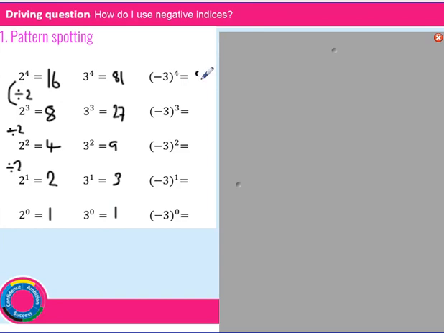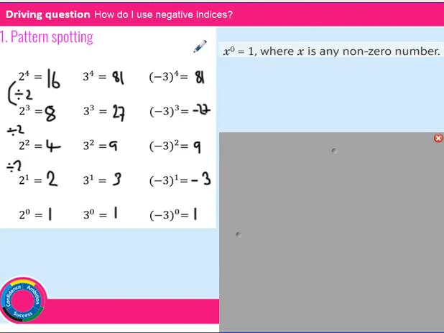Negative 3 to the power of 4 is 81. Negative 3 cubed is negative 27. Negative 3 squared is 9. Negative 3 to the power of 1 is negative 3. What's the pattern? We're dividing by negative 3 every time. And negative 3 divided by negative 3 is 1.